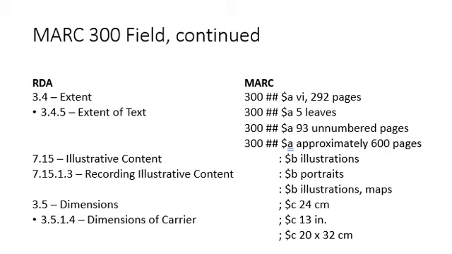Know that terms such as pages, approximately, and illustrations were abbreviated before RDA. You will encounter some descriptive records that have the abbreviations, and some descriptive records that do not. Also know that the cm, per centimeters, used to be considered an abbreviation and was followed by a period.